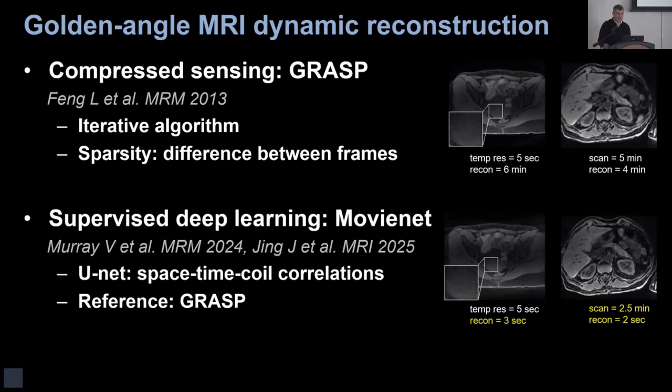It works well, but you still have some problems that were propagated from the GRASP reference. For example, if we look at the DCE MRI image in the pelvic region, we're going to see some residual streaking artifacts, so residual aliasing artifacts. Those were still propagated to this Movie reconstruction.